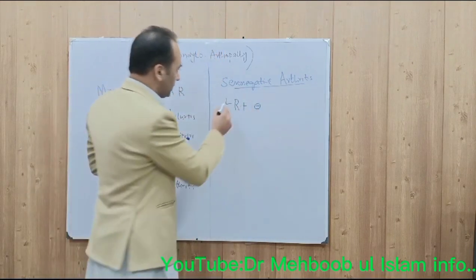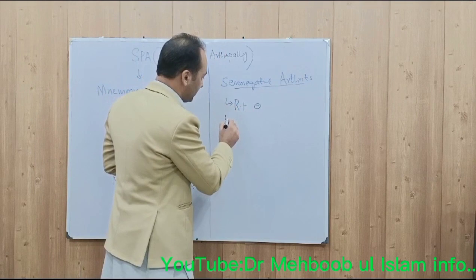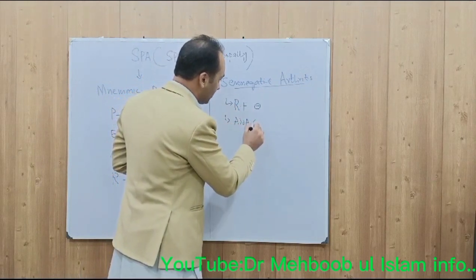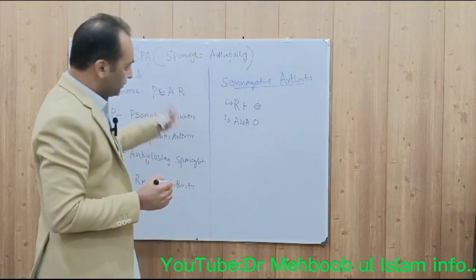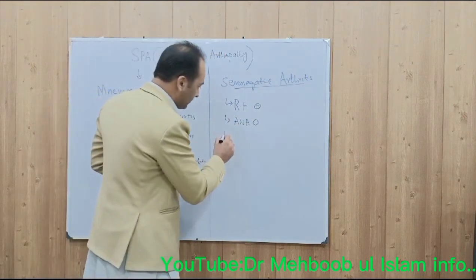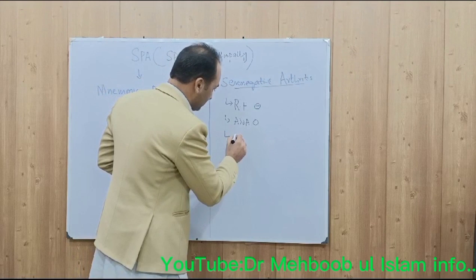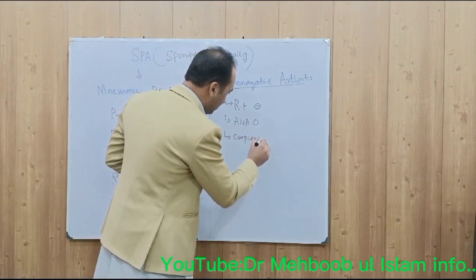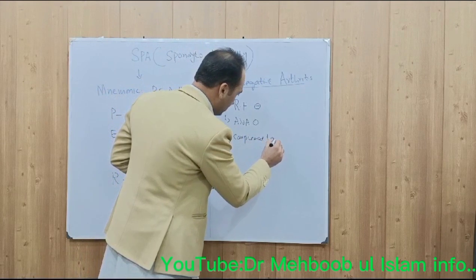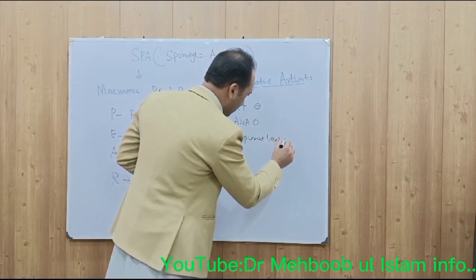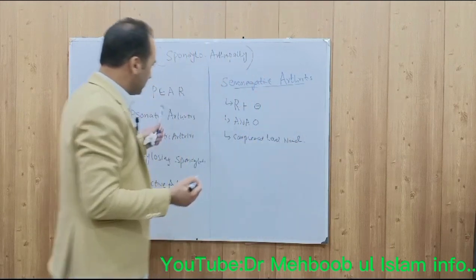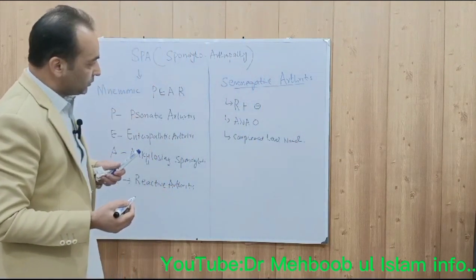And if you do the ANA, that is anti-nuclear antibody, this will be negative. And if you do the complement level, that will also be normal. That is why these conditions are also called the seronegative arthritis.